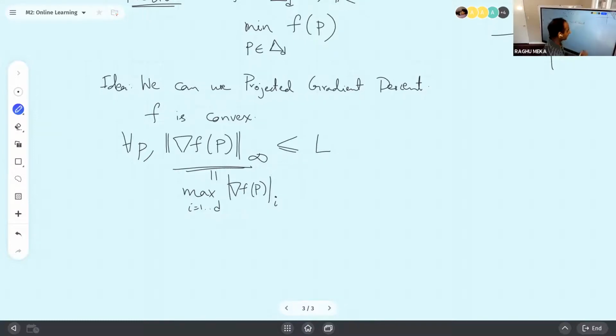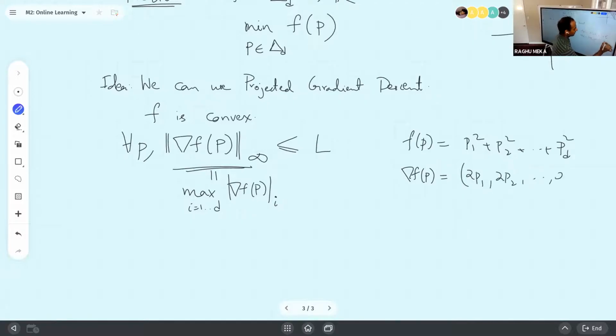Okay, so for example, if f of p is p1 squared plus p2 squared up to pd squared, now the gradient is 2 times p1, 2 times p2, up to 2 times pd.